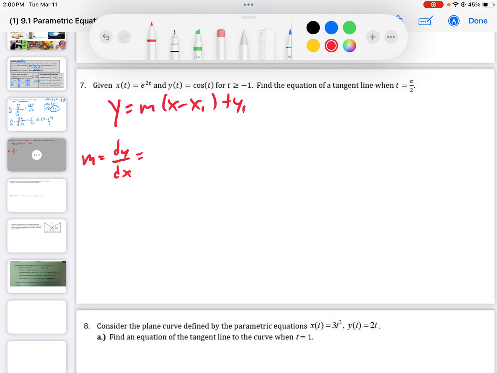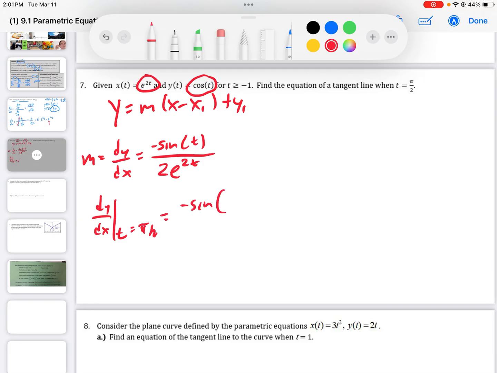All right, so the derivative of y, the derivative of cosine is negative sine t. The derivative of x would be 2e to the 2t. So dy over dx when t is equal to pi over 2 is negative sine of pi over 2 over 2e to the pi.